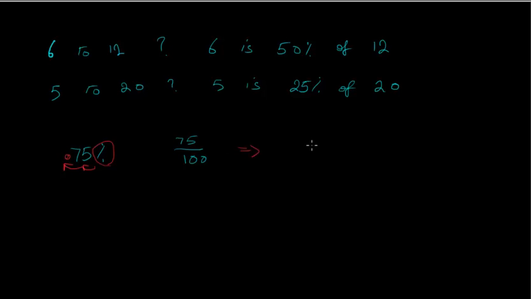So the result is 0.75. Or let's say we have 15% of something, right? It means 15 over 100. We remove the percent sign and move the decimal point 2 places to the left. So it will be 0.15.